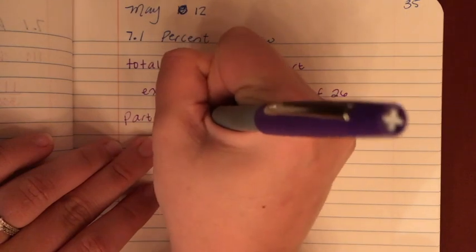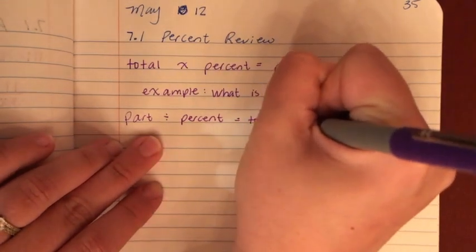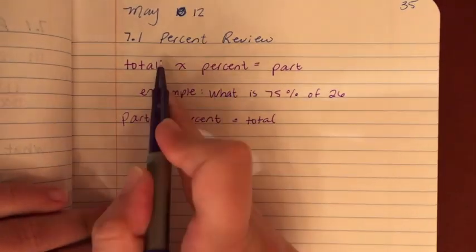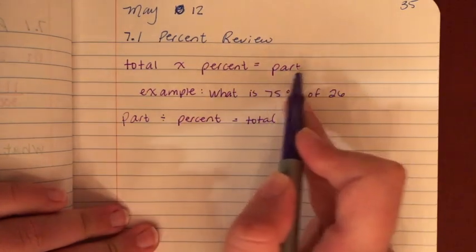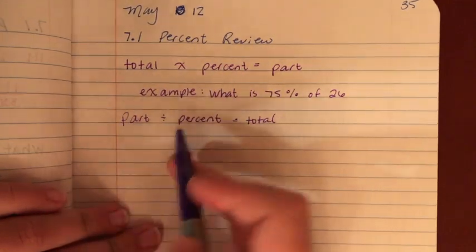The second kind that you're going to see is the part divided by the percent. It's going to equal the total. And if you remember anything about algebra, this makes sense, because really if I'm trying to solve for the total, I would divide both sides by the percent. So I would get part divided by percent equals total. So this makes sense if we look at our original equation.